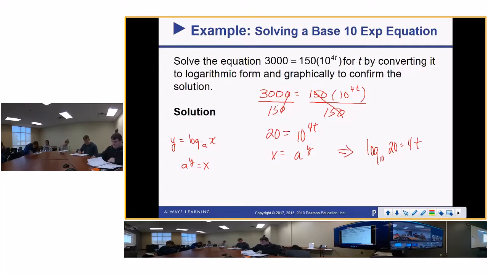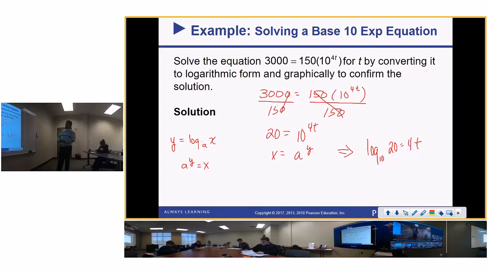And now t is equal to this divided by 4, so you take the log of 20 divided by 4.